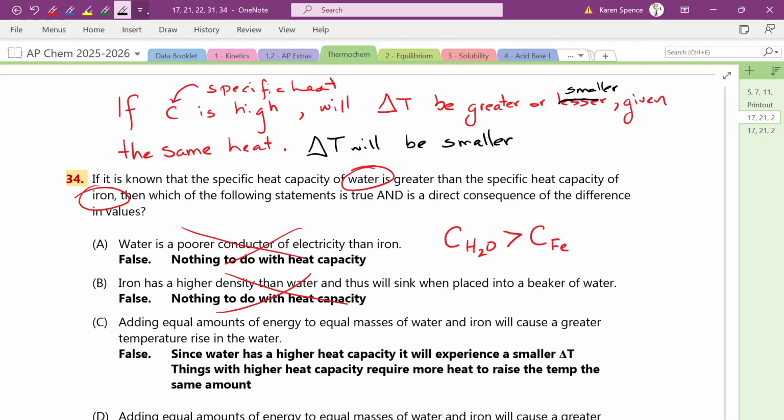Because if you've got Q equals mC delta T, if the heat is remaining the same, if C is bigger, then delta T has to be smaller in order for Q to remain the same, okay?